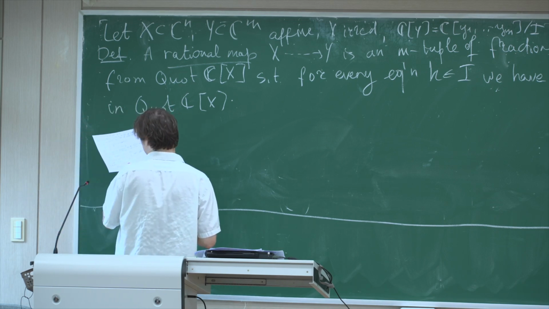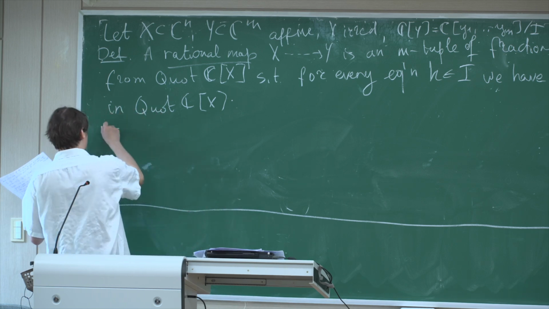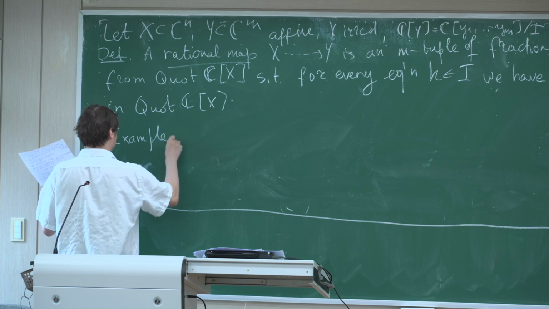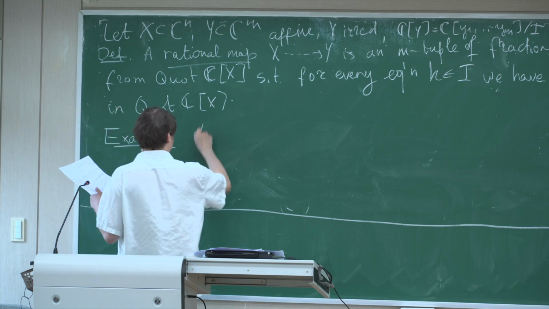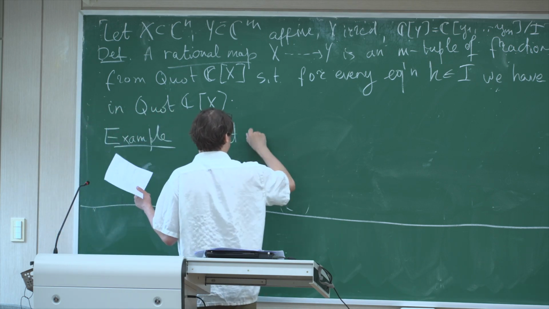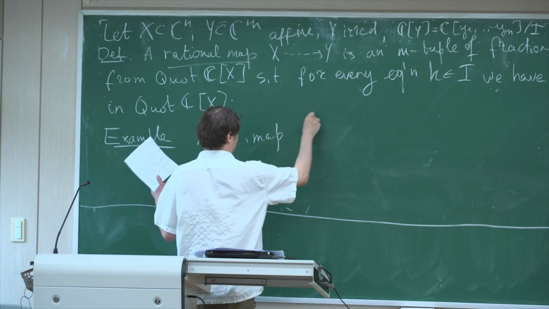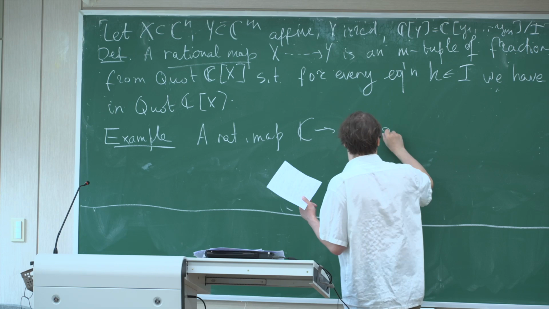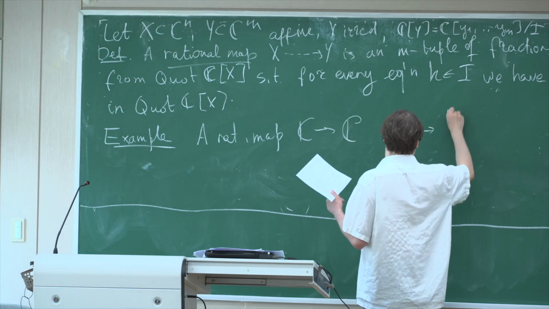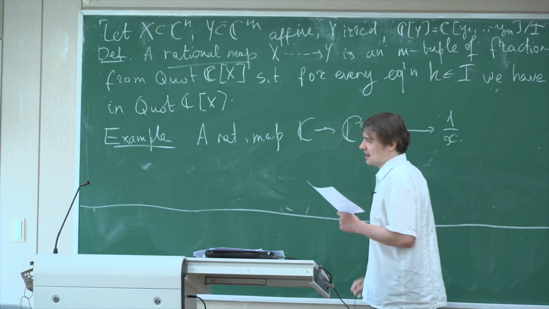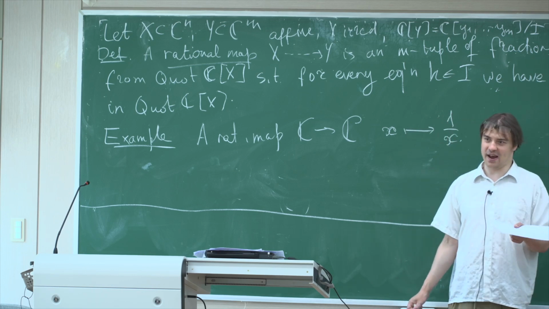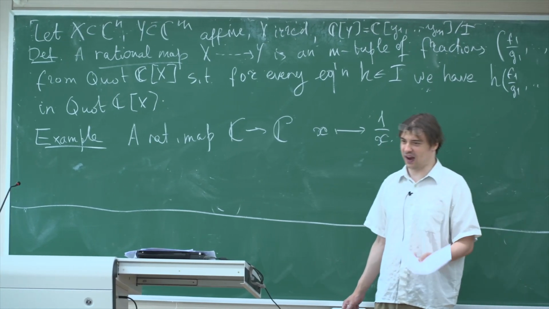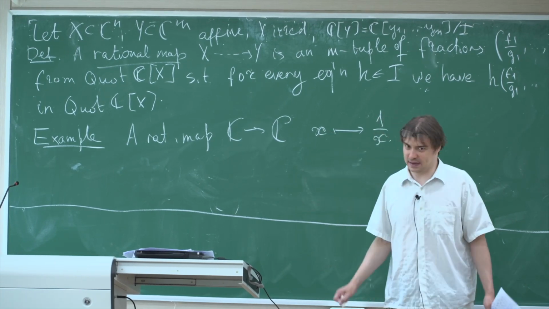So in other words, or well, let's say first a small example. We have a rational map from C to C itself, where the point with the coordinate x goes to the point with the coordinate 1 over x. This is of course not defined everywhere, but it is defined at all points except 0.